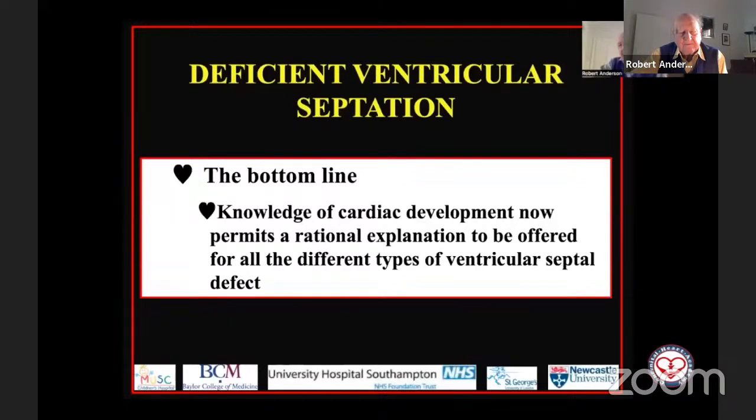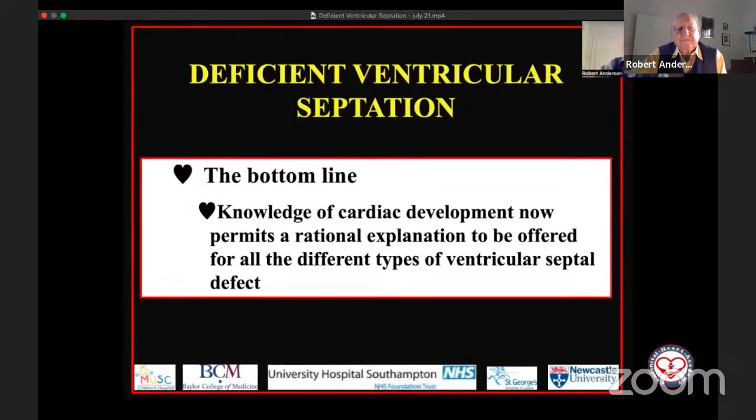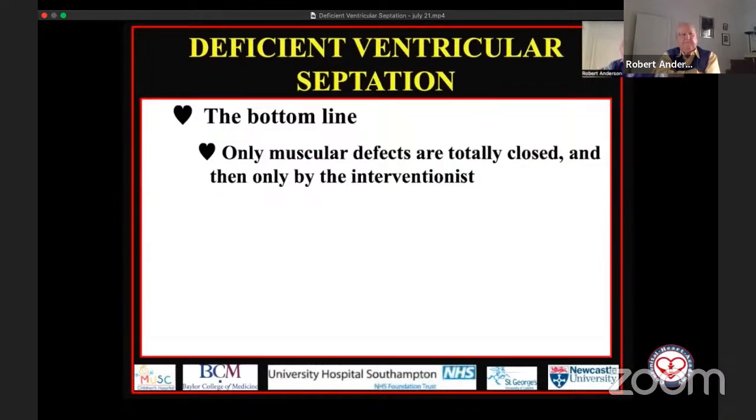I hope we've been able to show you over our recent sessions how the understanding of embryology now permits you to appreciate why we have muscular defects, why we have defects that can be juxta-arterial, because the outflow cushions have not muscularized, or why we have defects that are perimembranous, because the embryo has failed to close the tertiary interventricular communication or the aorto-right ventricular communication.